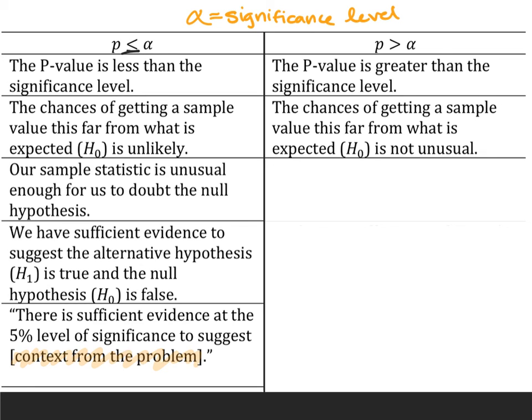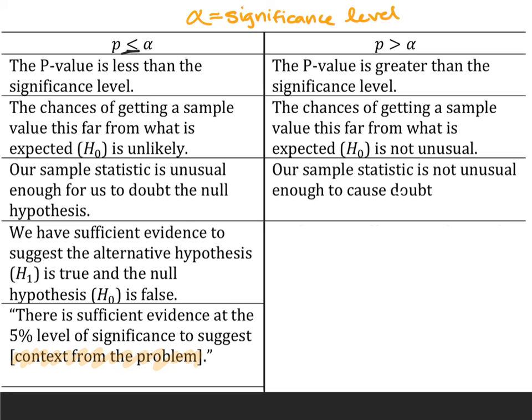That's where we come in and say, oh, well, samples vary. It's not what we expected, but it's not far enough away for us to be that concerned. In fact, our sample statistic is not unusual enough to cause doubt. So we're thinking, well, I'm okay with this. This isn't that bad.